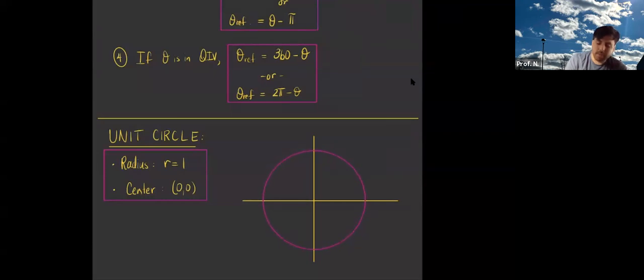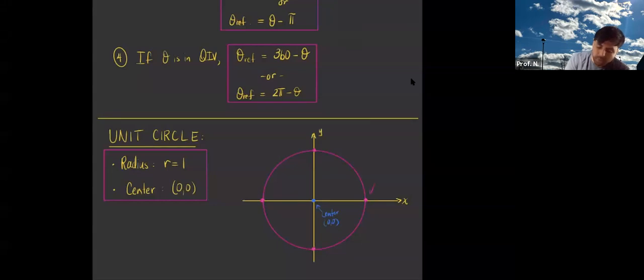So here we have our unit circle. The coordinates on the x-axis, we should know because it's centered at 0, 0. So my center is right here, and this is my x and y axis.